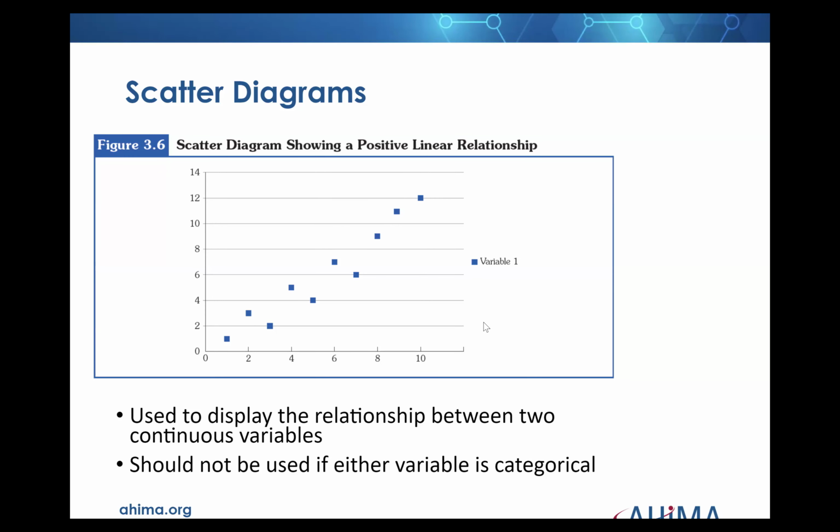We don't use these scatter diagrams if either variable is categorical. So if one of the variables, say, is a different type of category of prostate cancer versus a different type of PSA score, it doesn't work so well. So you see these a lot when we have two continuous variables. That's when the scatter diagram works.